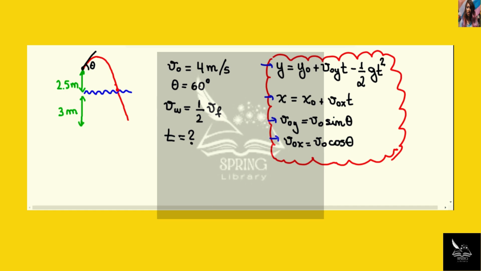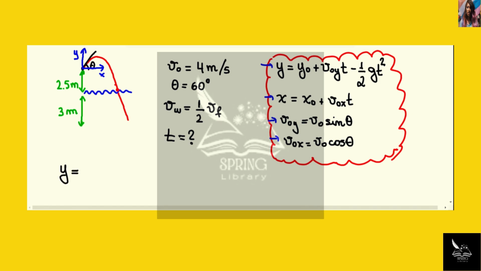So the first thing I'm going to do is to set up a coordinate system. So the coordinate system I'm setting up is right here. It has the origin exactly at the place where the rock was thrown. And for that reason, y0 and x0 are 0.